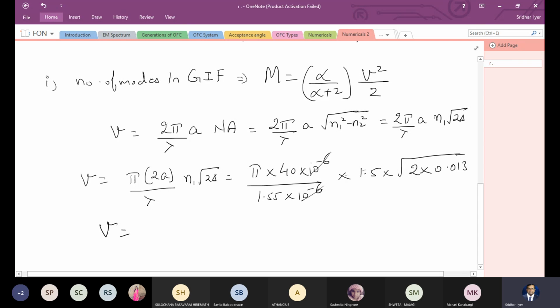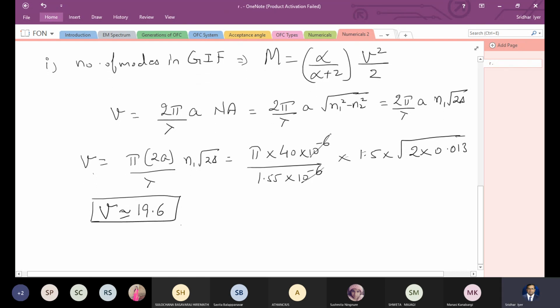So let's see what answer we get here. Okay, so I get V somewhere around 19.6 approximately. You may get 19.59 or something like that. So the V that we get here is 19.6.